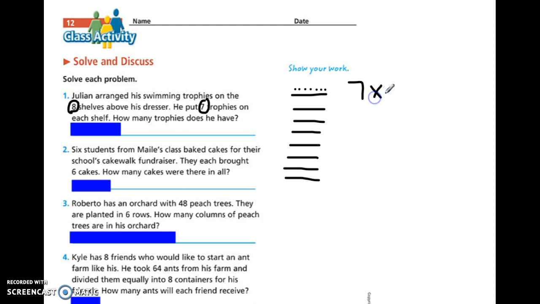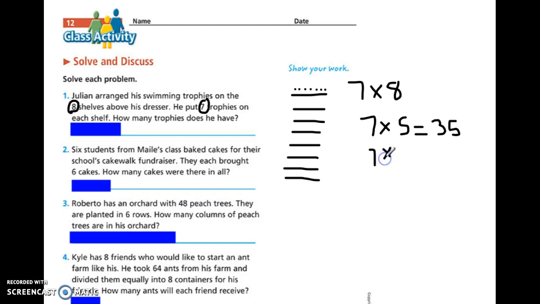Now, that might be a hard one for some of you, so I'm going to start with something I do know. I know that 7 times 5 equals 35. And I'm at 5 and I need to get to 8. So I'm 6, 7, 8. I'm 3 sets away, so I have to do 7 times 3.